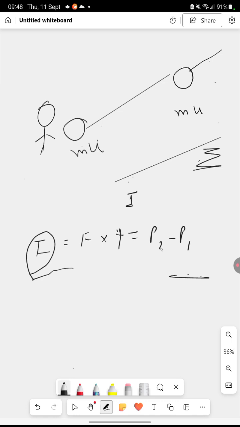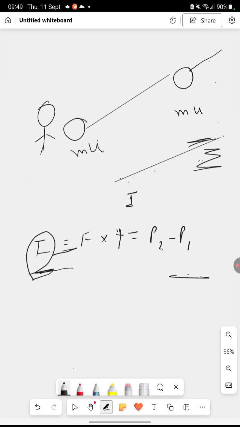Initial speed is u, so its momentum will be mu, and we have to stop it. Its final velocity will be 0, so we can't change its impulse. So the impulse is the same for every condition in this case.